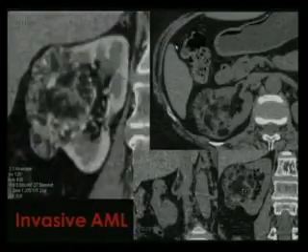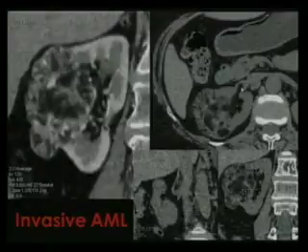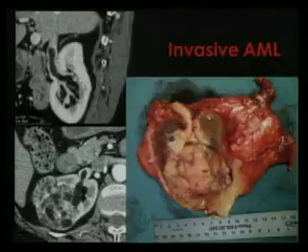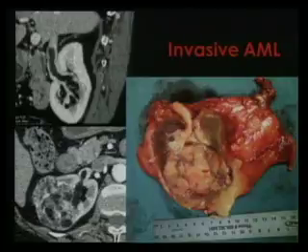No doubt that this is a mass containing a large amount of fat, and how the tumor extends into the renal vein and a little bit of IVC. We measure the fat, look at the reconstructions, how the tumor goes into the renal vein, and this is the specimen with the fat-containing mass plus the extension into the venous system.